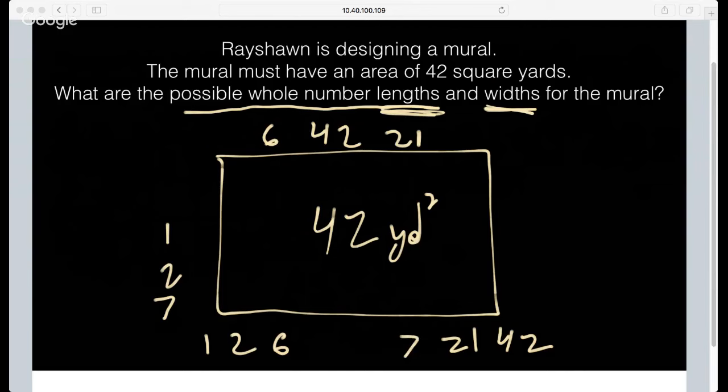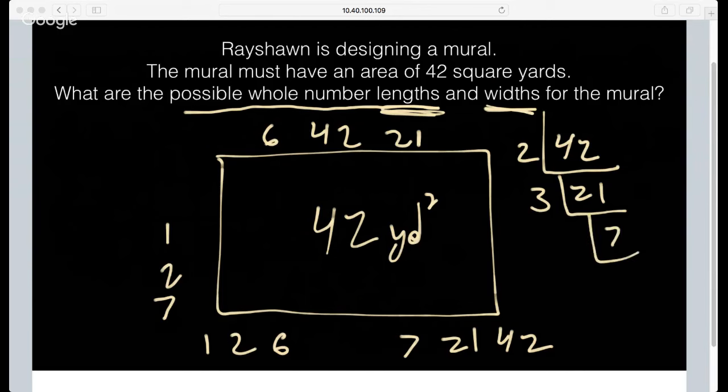Here is a quick way to see if we have them all. We can use a ladder method where we just start taking numbers out. I'm going to take a 2 out, and that's going to leave me with 21. And then I could take a 3 out from 21. That'll leave me with 7, and that's it, right? Notice, by the way, these are prime numbers.